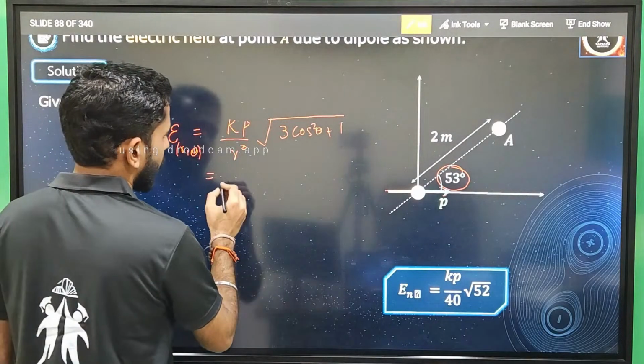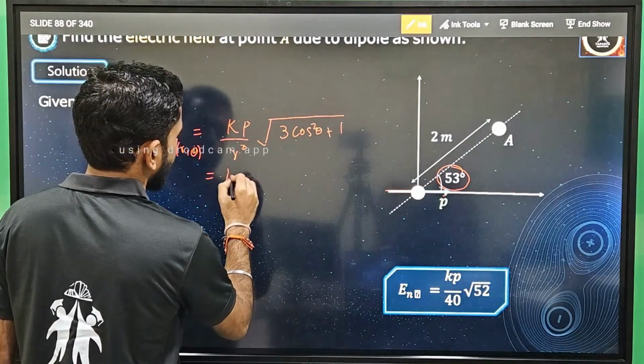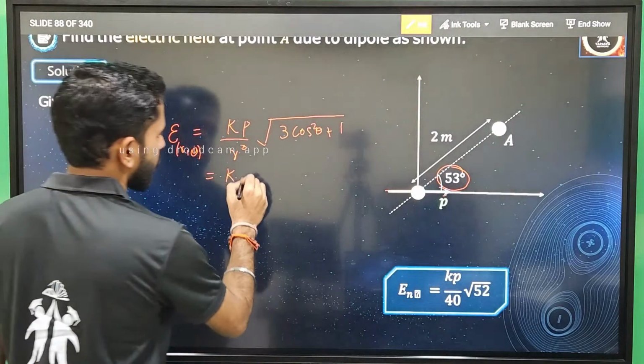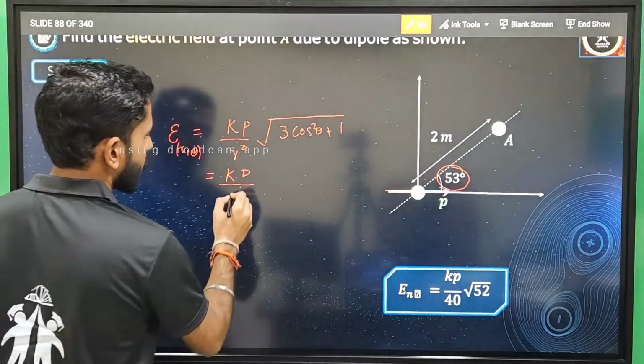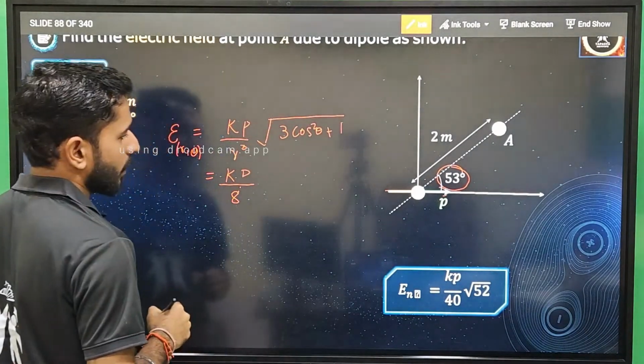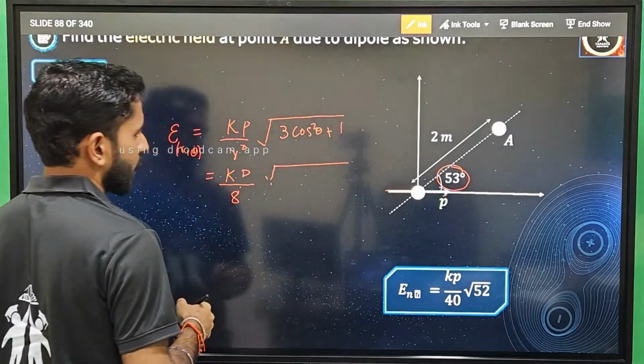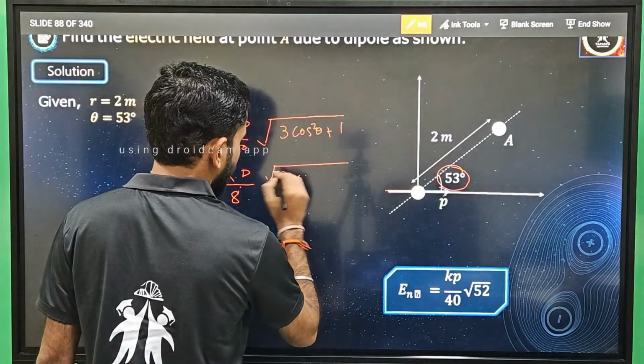Correct? Now what will I write? K, P, in general, are given. Kp divided by the distance given, which is 8. Okay, great. I will write 8 into root under 3 cos square theta plus 1. 3 cos square 53.